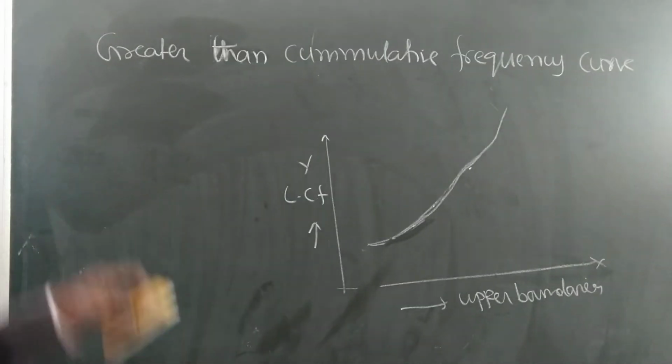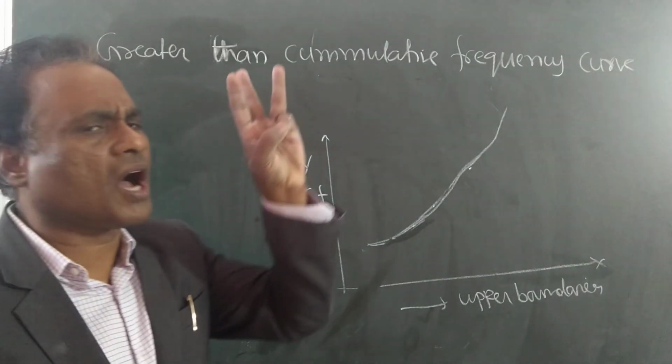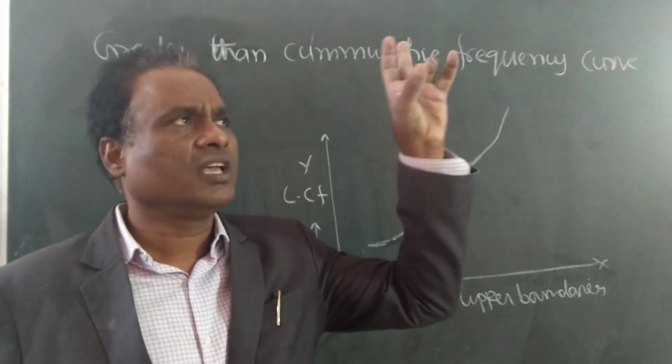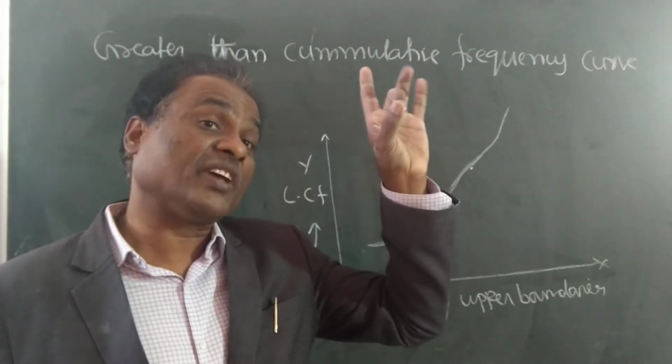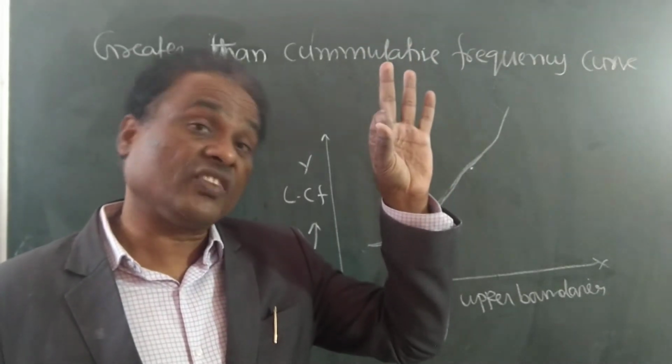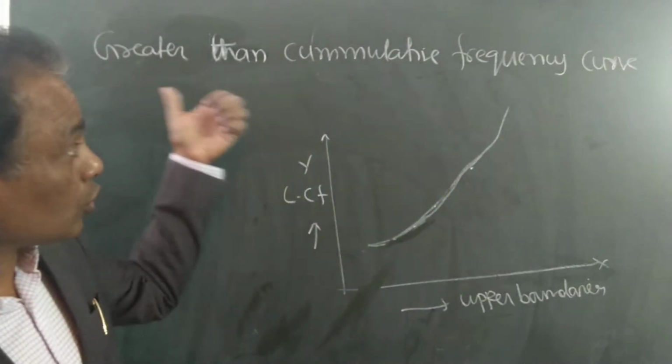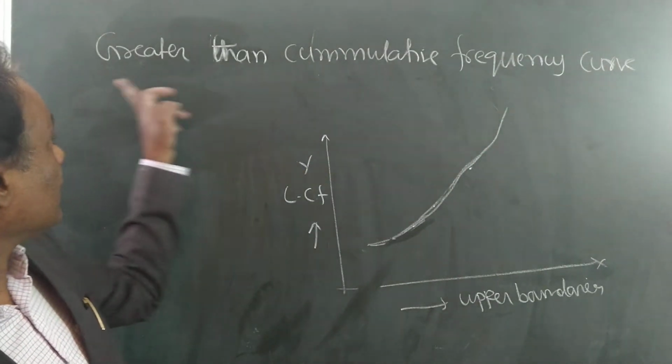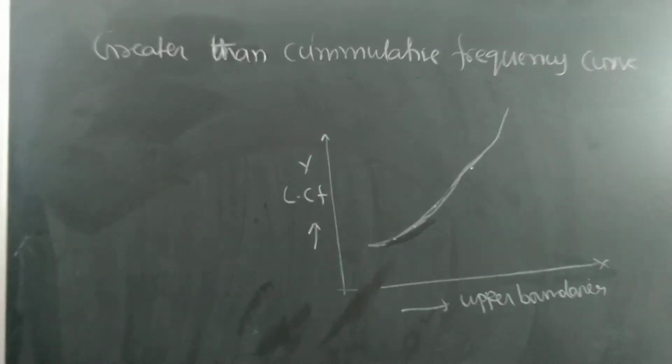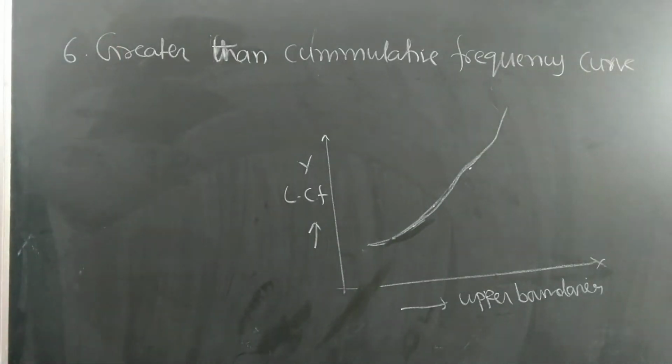Or you can write the numbers afterwards: for bar graph 1, histogram 2, frequency polygon 3, frequency curve 4, less than cumulative frequency curve 5, and this is 6. Like that also you can write. Total 6 graphs I explained.